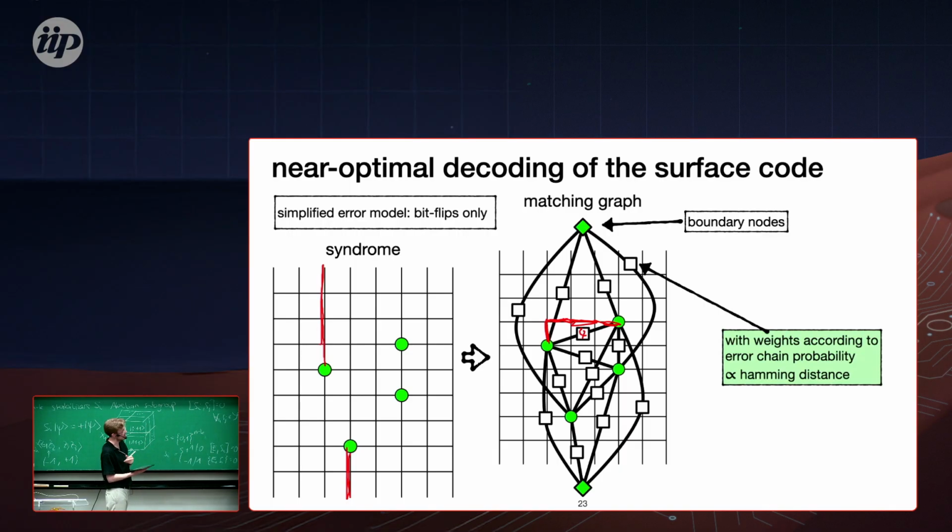So we give this edge a weight of 4. You can also do it the other way around and then use some other algorithms, but for now, we just weight it with the Hamming distance between those two syndrome excitations. Another example, this lower excitation to the boundary gets a Hamming weight of 2. And we do this for every edge.